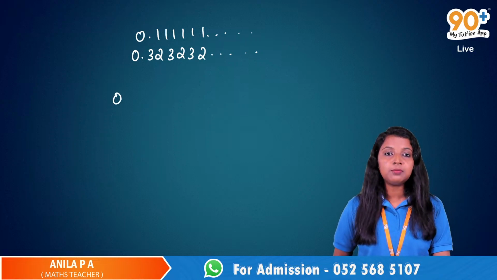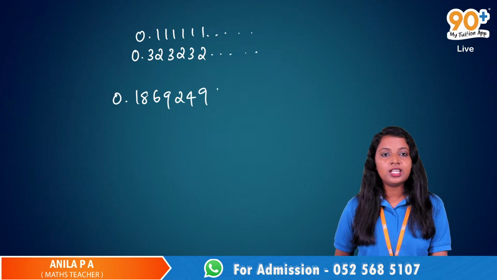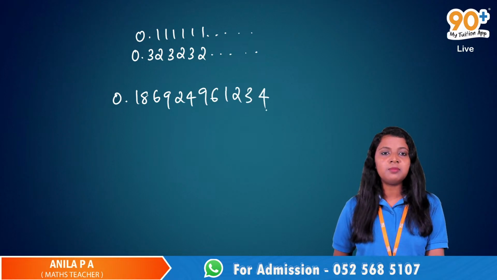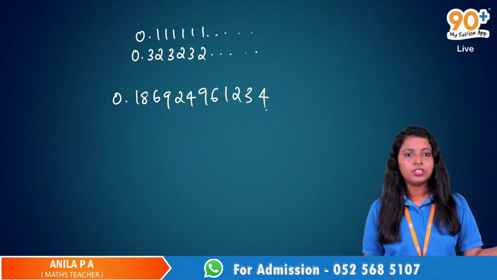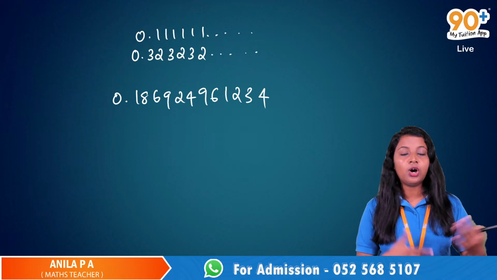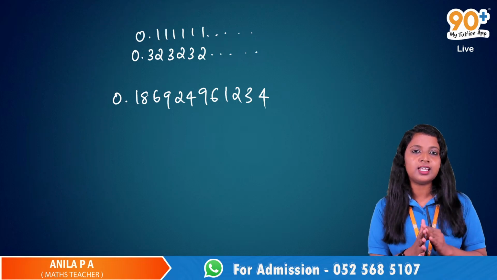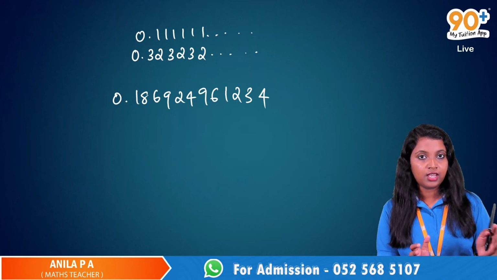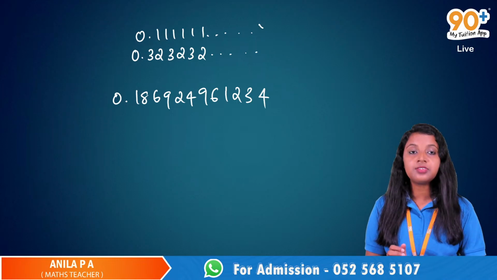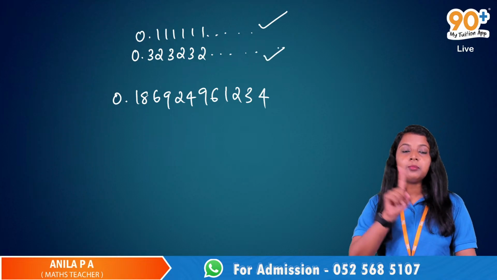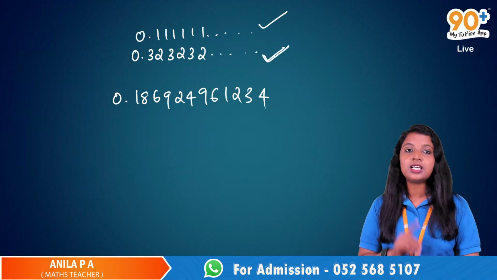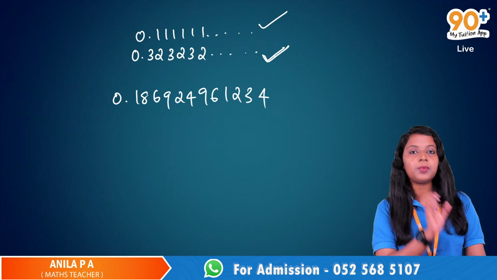But if we got something like 0.18692496123, random numbers, this is not repeating, or we say it is non-recurring. This is recurring because one number is repeating and here two digits are repeating.